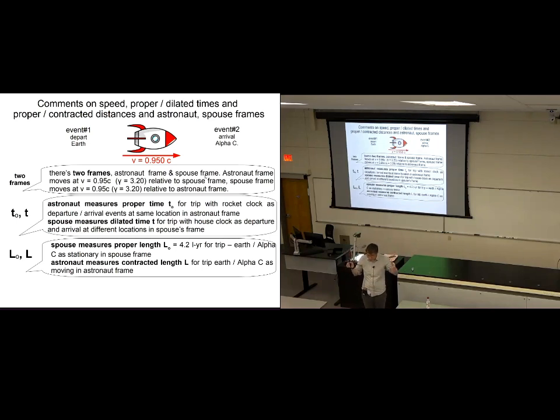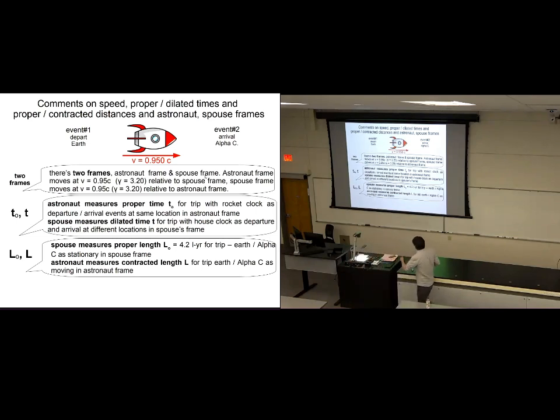I measure the proper distance between the star and the Earth because in my reference frame, the star and the Earth are basically stationary. Imagine a meter stick or a tape measure that went from the star to the Earth. That's stationary in my reference frame, so that's going to measure the proper distance. The astronaut, my spouse, is going to measure the length contracted distance.